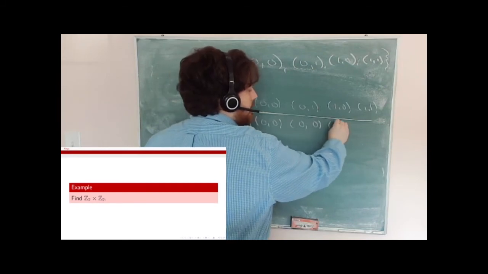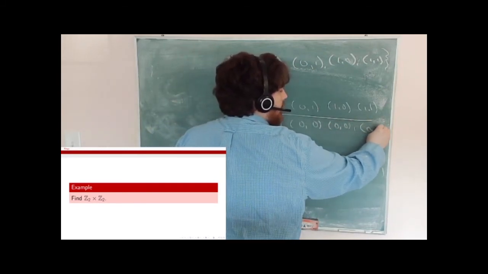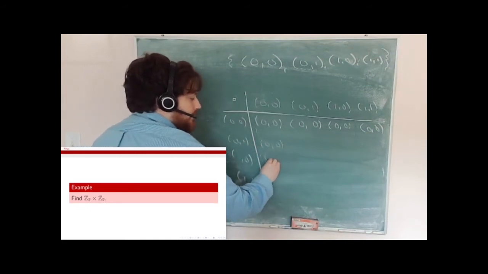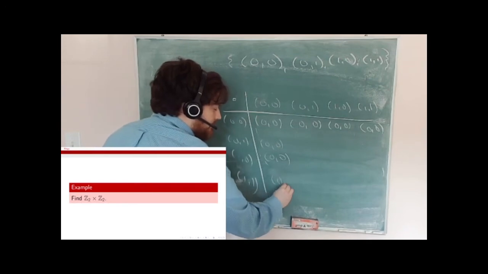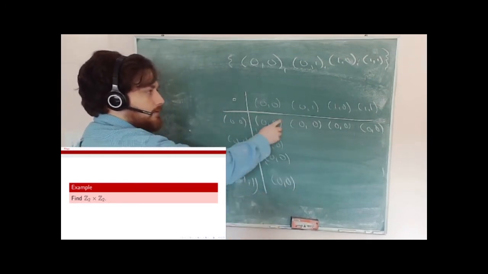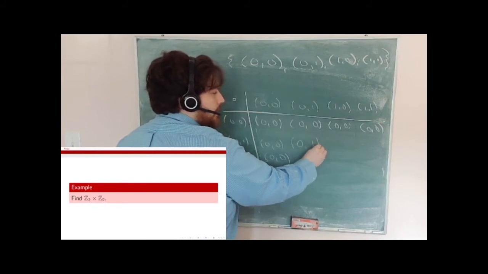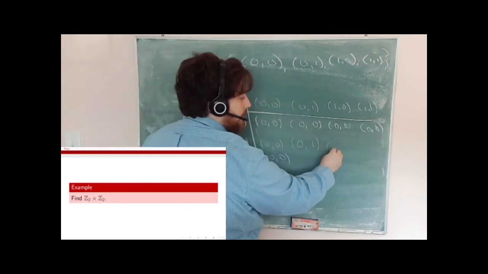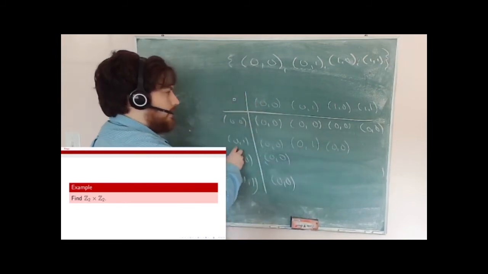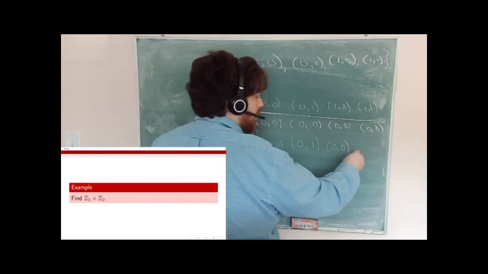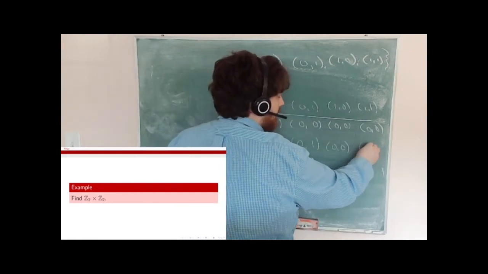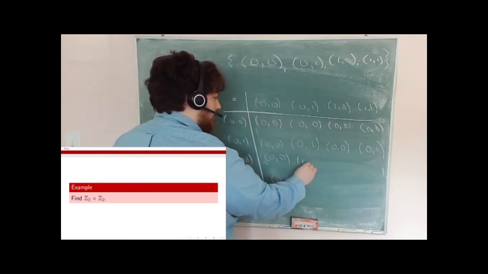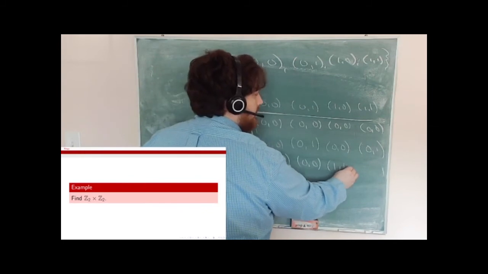So as I fill these out, that row is going to be (0,0), but also this column is going to be (0,0). Now (0,1) times (0,1) is (0,1). (0,1) times (1,0) is (0,0), and (0,1) times (1,1) is (0,1). And (1,0) times (0,1) is (0,0), and then (1,0), and then (1,0).